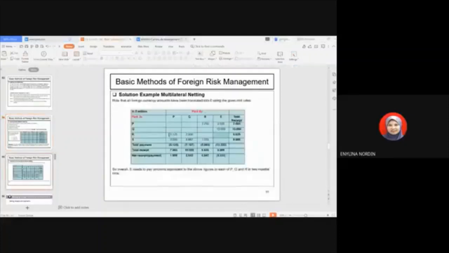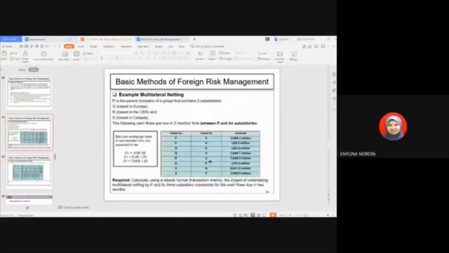It is 3.125. So that means P will pay to S, P will pay to R. Then you continue with other transactions, and then you just put them into the table.